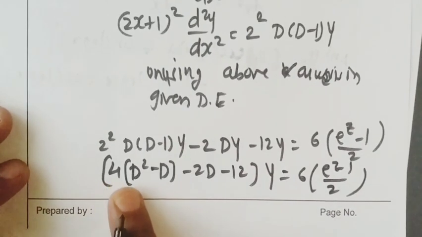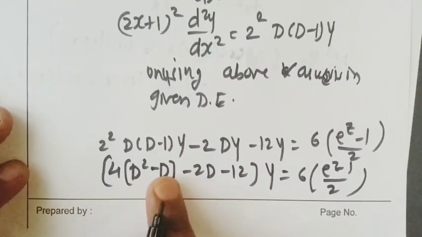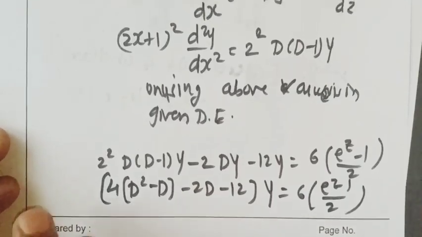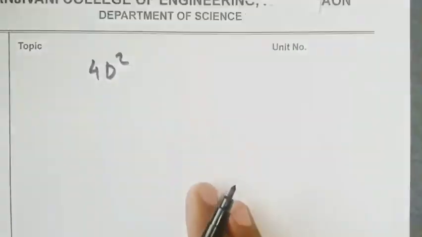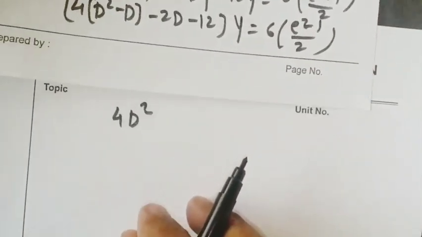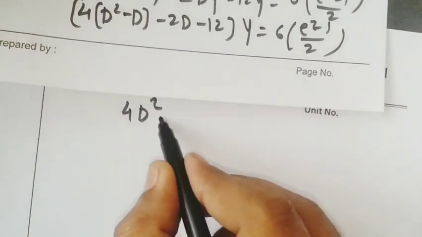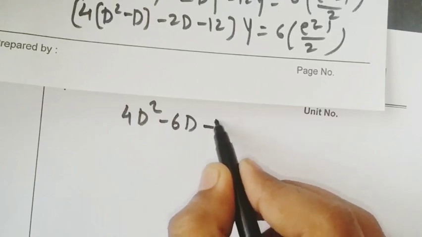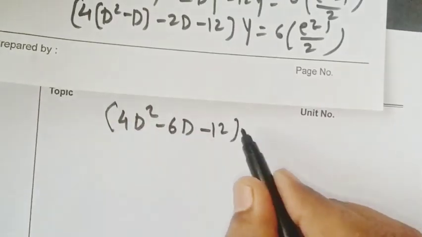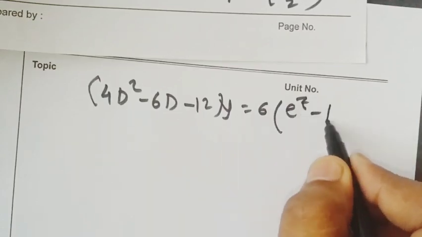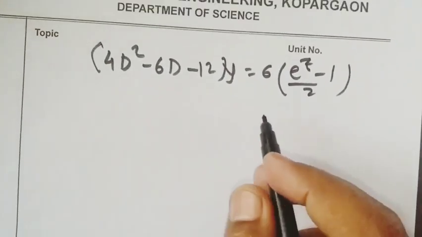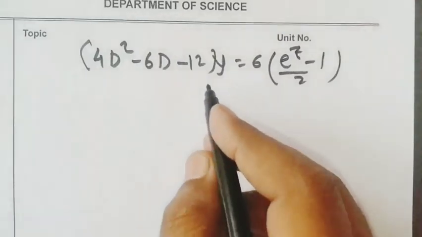Now if you multiply by 4 inside, we get −4D, and this −2D will become −6D. So finally this will look like (4D² − 6D − 12)y = 6(e^z − 1)/2.